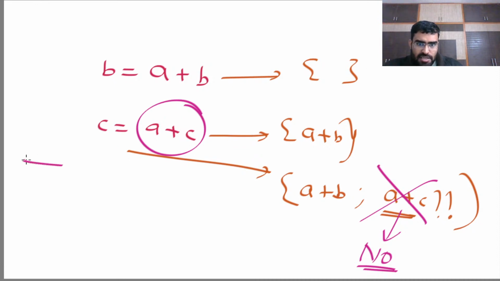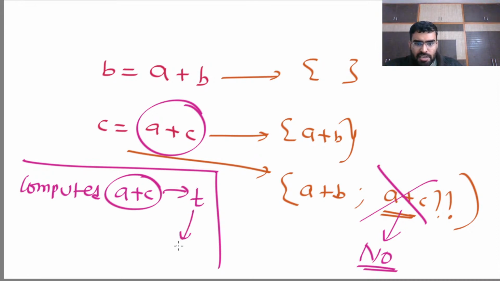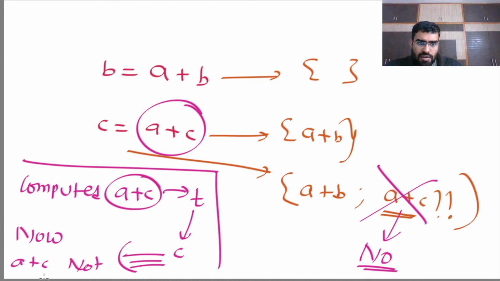Just think like this. So this is like you have computed a plus c, let's assume you put it in some temporary variable t, and this temporary variable you put in c. Now a plus c is not available, correct? Is this clear, Rajan?